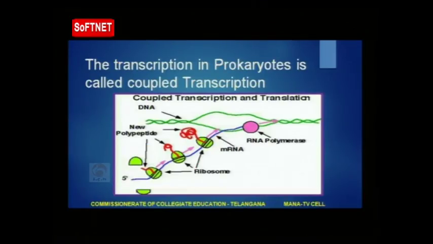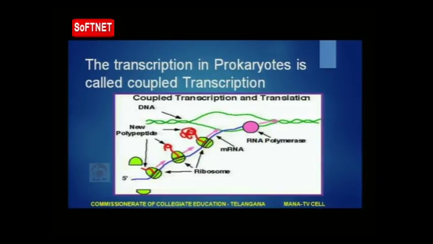An important thing to understand is that transcription in prokaryotes is called coupled transcription. Why is it called coupled transcription? In prokaryotes there is no clear demarcation between the nucleus and cytoplasm. The genetic material is freely distributed in the cell, and there is no clear nucleus in prokaryotes. So in prokaryotes the two processes occur simultaneously.